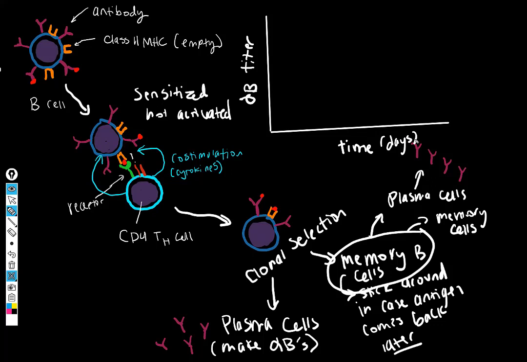So in a first exposure event, and so your book chart distinguishes between IgMs and IgAs for this, and I'm not going to. I'm just going to do kind of a basic rundown of this. So if it's a first exposure event, because the pathogen has to enter the body and then make more of itself or increase in number. So if it's a bacteria, maybe it divides and makes more copies.